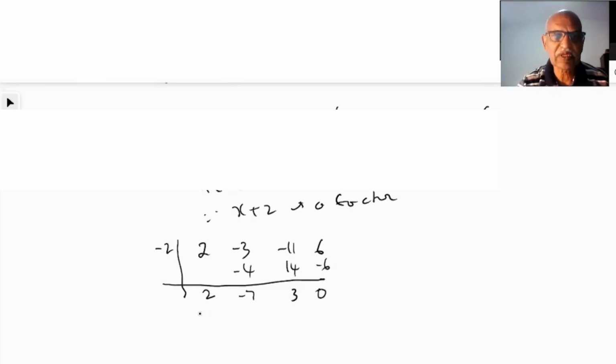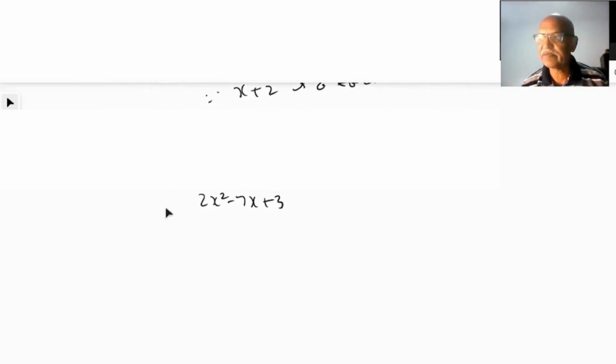Therefore, this will be 2x squared minus 7x plus 3. I try to factor this. I can factor this one here. 2 and 1 and 1 and 3. Both of them must be negative because the sum is negative, the product is positive.